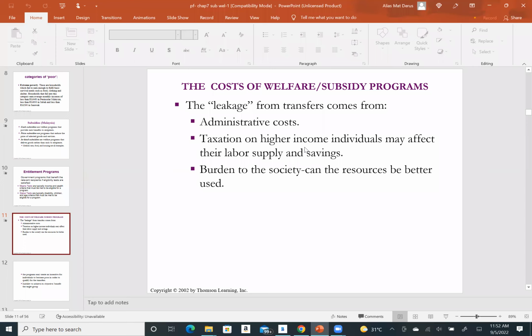So there is a cost. A good example, like I said earlier, is the fuel subsidy. The target group is probably B40 households, but the benefit also goes to other groups. The T20 will also get the benefit. So this is another cost in terms of spillover benefit. The benefit goes to people other than the target group.